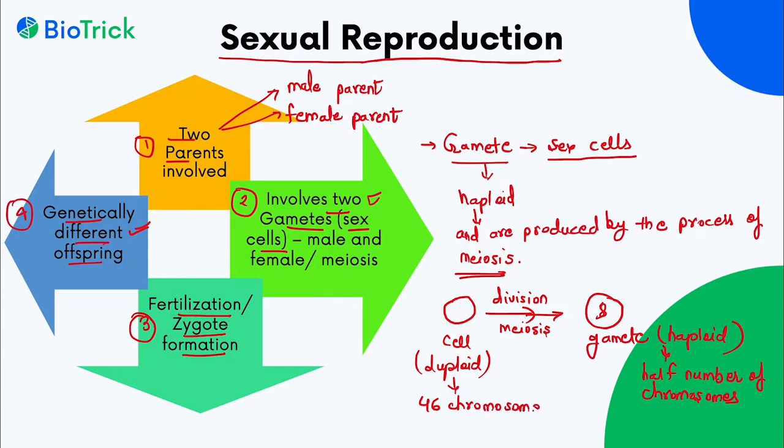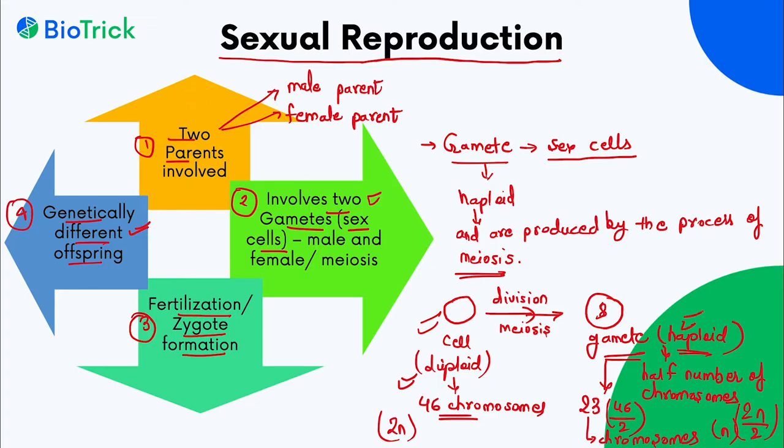A human cell has 46 chromosomes in it and it is called diploid. Now the gamete, which is haploid in nature, has half the chromosomes of the parent cell. Half of 46, that is 23 chromosomes. It has only 23 chromosomes. The diploid is indicated by 2n and the haploid by n, half. 2n divided by 2 is equal to n. So the gamete is haploid in nature and it is produced by the process of meiosis.